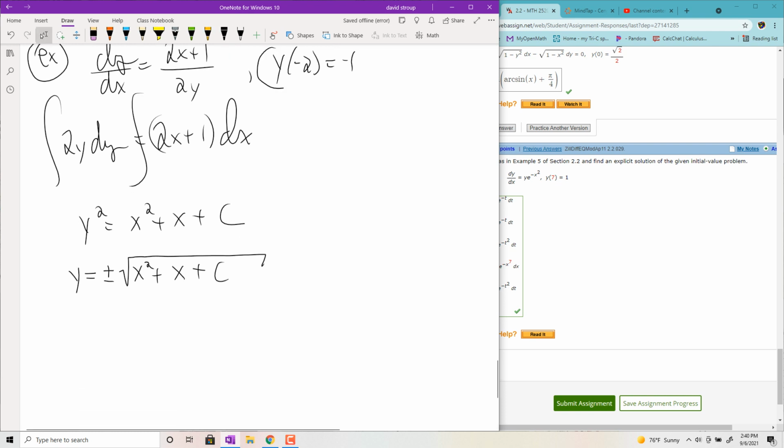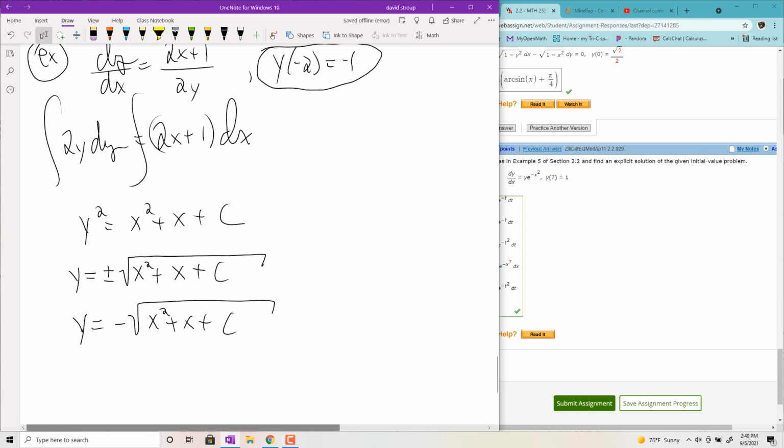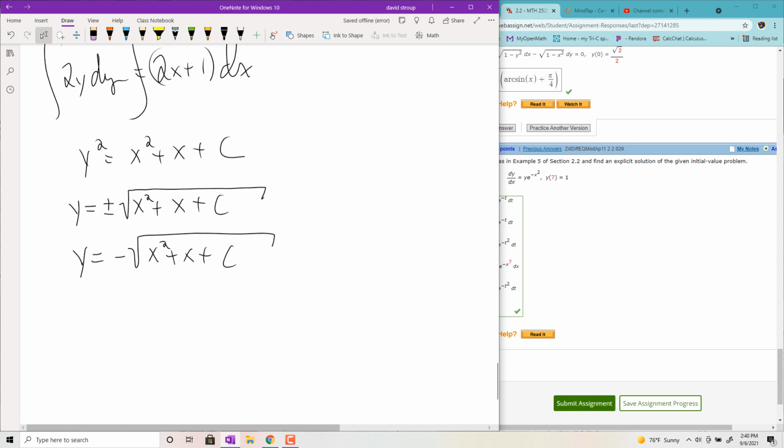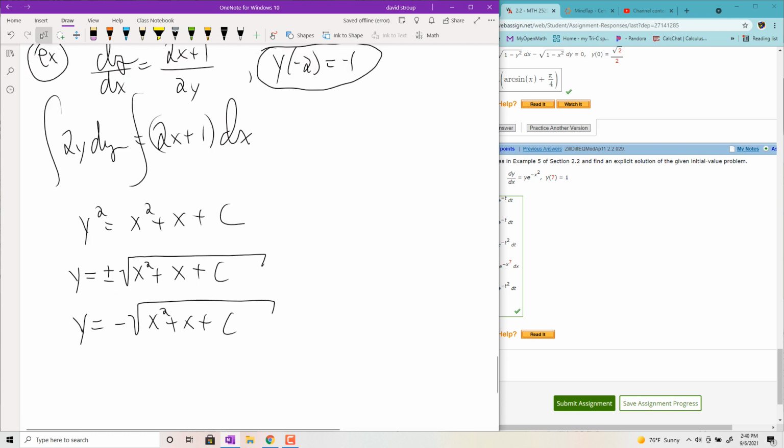For our initial condition, we require y to equal negative 1. So the solution we would want would be y equals negative square root of x squared plus x plus c. And on top of that, there are issues with the continuity of this thing. Let's use the initial condition to get the particular solution.